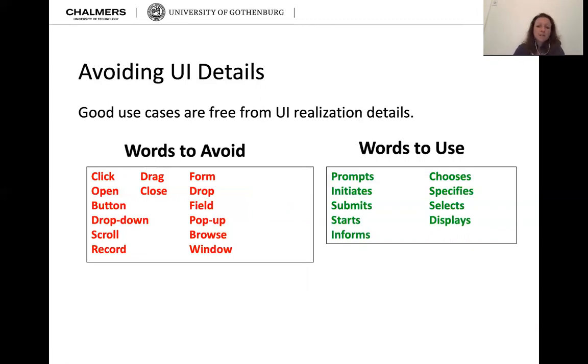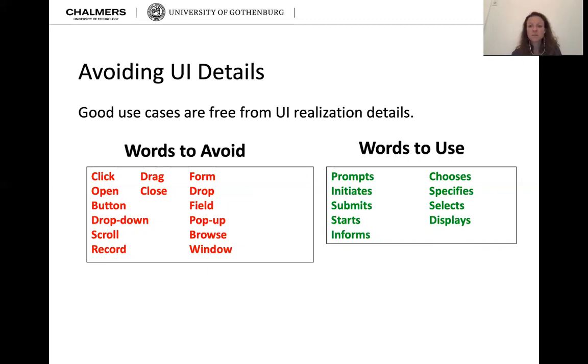So a lot of the time we have some UI details that want to sneak in because as a software engineer, you already have a couple of ideas of how that could be implemented. Because we're still on the black box level and we only talk about the what, not about the how, we're going to try to avoid all user interface related words.